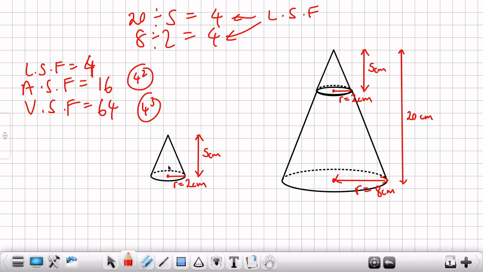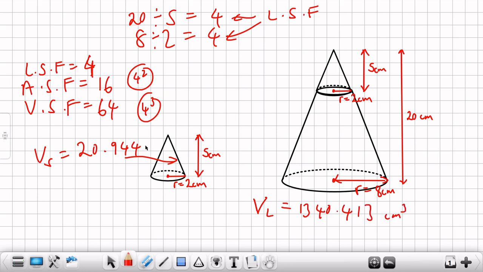Now if you remember what the volume of the little cone was, right? The volume of the small cone, it was, volume of the large cone, so that's the volume of the large cone, volume of the small cone.